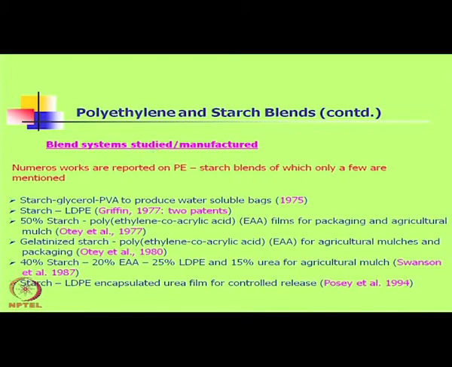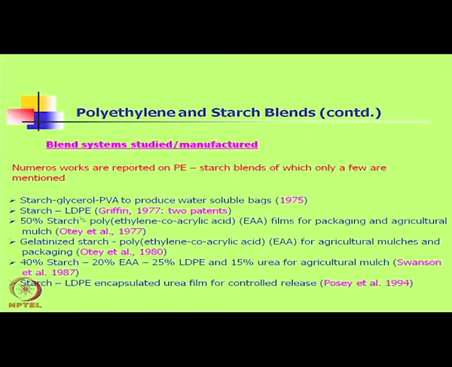So, there are blend systems available and already which have been manufactured and products are available in the market. These are the systems: starch, glycerol, polyvinyl alcohol, which produce water soluble bags which have been developed.